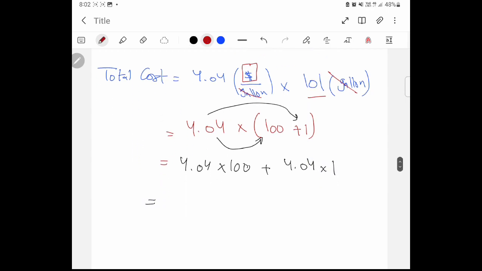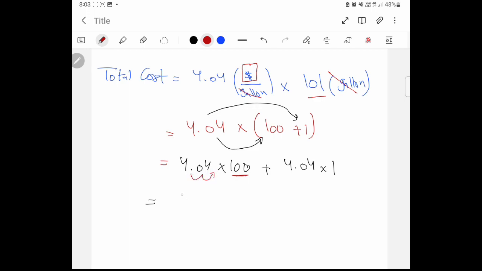Now, as we know, multiplying by a number with zeros will make the decimal move 2 places to the right, because we have 2 zeros.